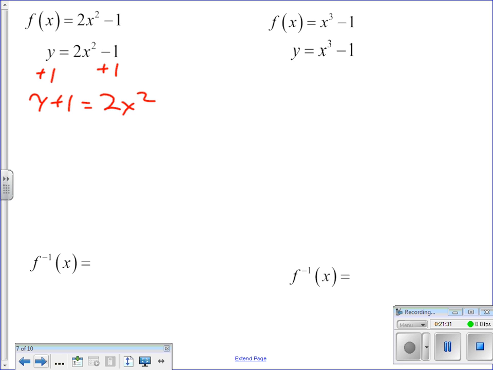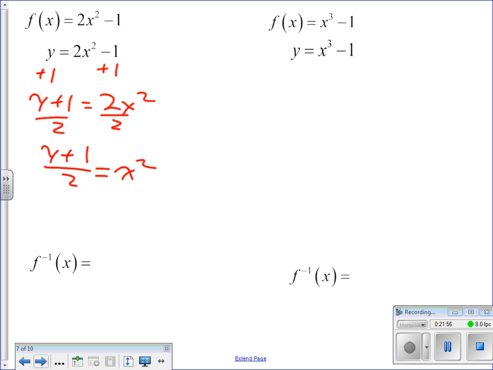What am I going to do next? Nope. Divide by 2. I want to get the x squared by itself before I take the square root. Divide by 2. y plus 1 over 2 equals x squared. Now I want to get x by itself. How do I undo x squared? I take the square root.